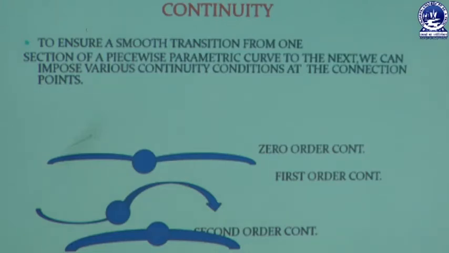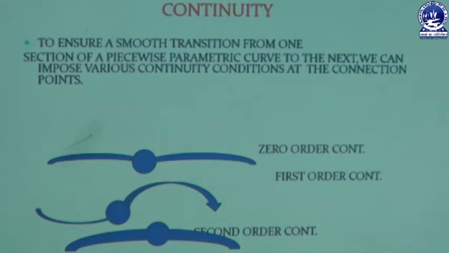Parametric continuity is set by matching the parametric derivatives of adjoining curve sections at their common boundary. In zero order parametric continuity, called C0, the curves simply meet, and the same is true for zero order geometric continuity.